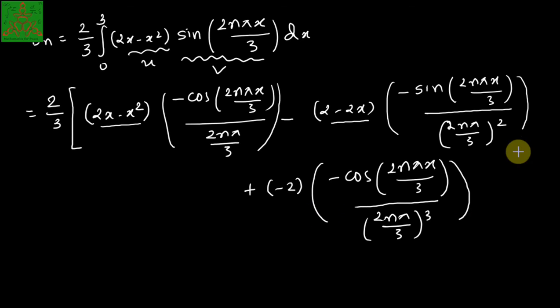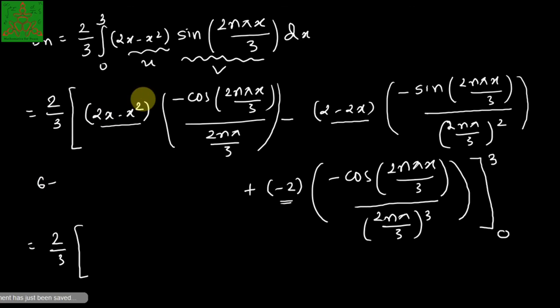The next term which we have, the derivative of this quantity, the derivative of minus 2 will become 0. That's why all the further terms will become 0, and the limit you have is 0 to 3. And when you substitute 3 here, you will have some quantity: 2 into 3 is 6 minus 9, that will become minus 3.